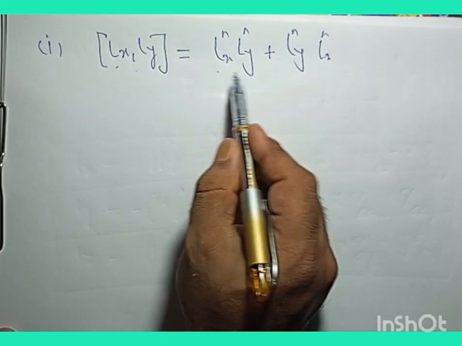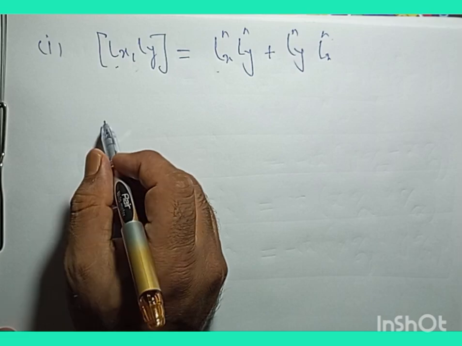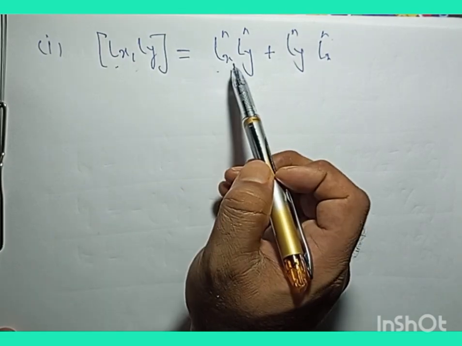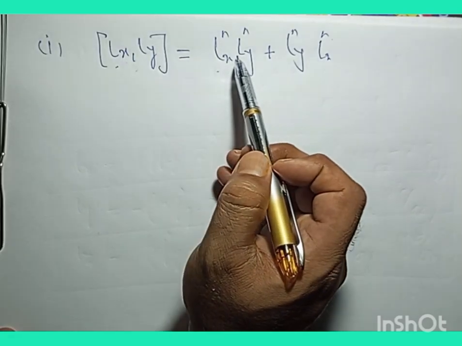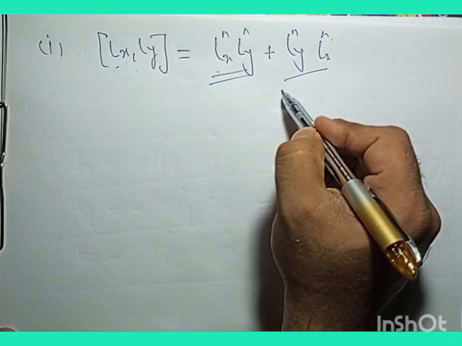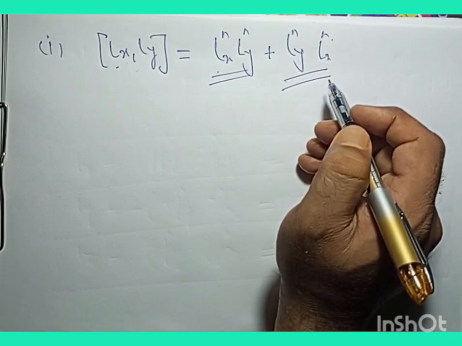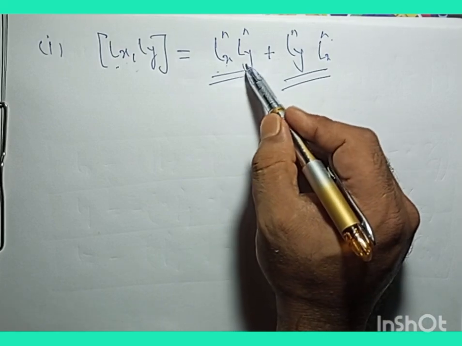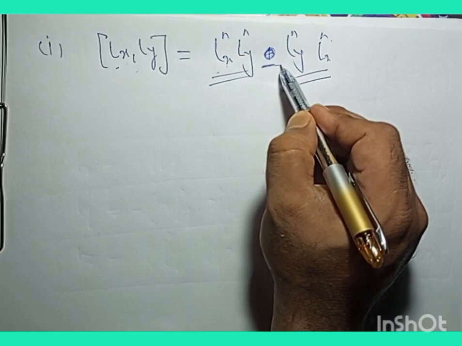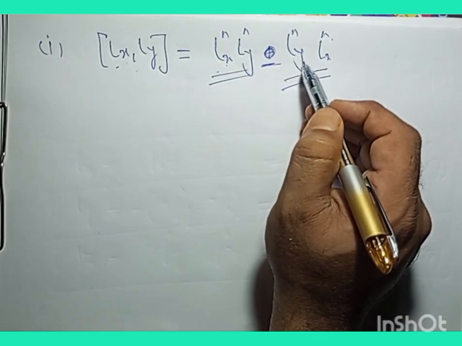So we have Lx Ly and we have Ly Lx. We have to solve for Lx Ly, then, this is not plus here, this is minus, we have to solve for Ly Lx.